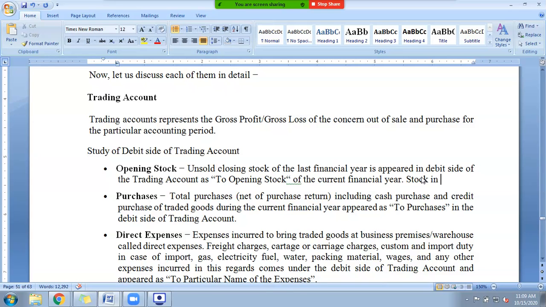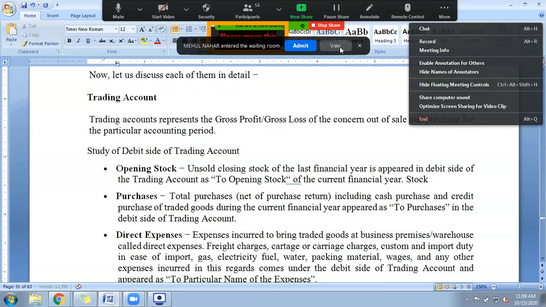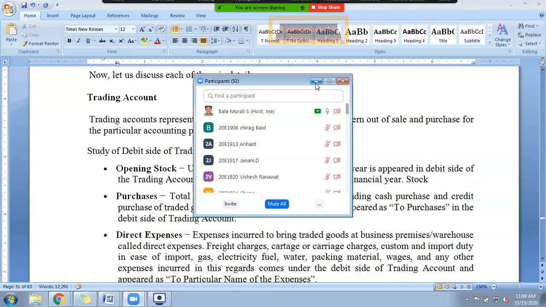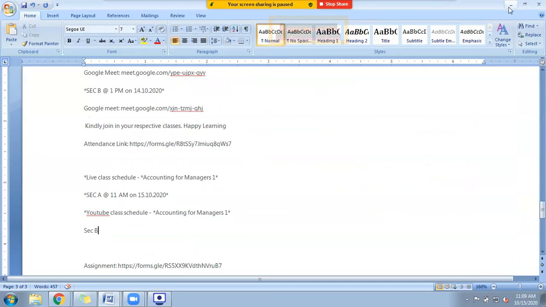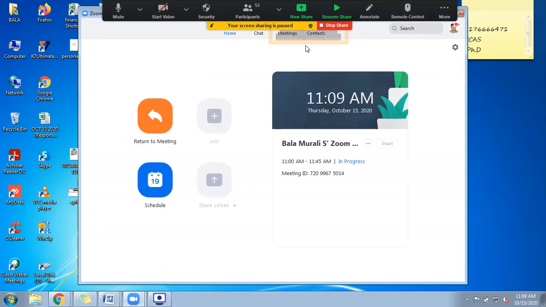Finished goods, you know very well, right? It simply refers to the goods which are finished and meant for dispatch to customers, right?